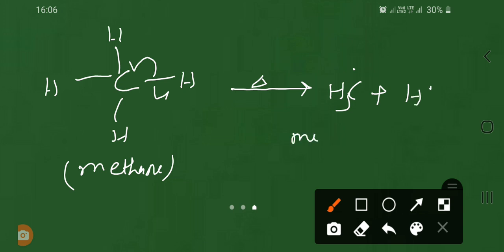This is methyl free radical. So, homolytic bond fission is clearly explained, and now the next part of bond fission.